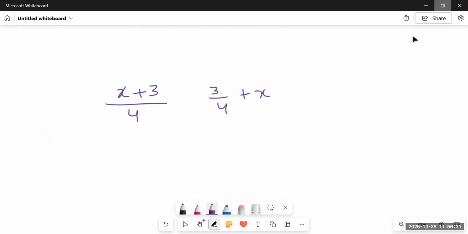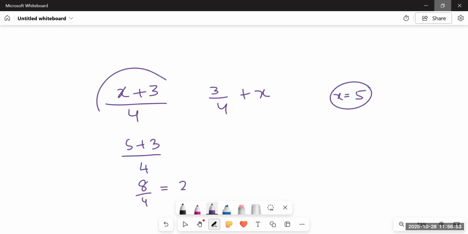Let's take x equals 5. If we substitute it over here, it becomes 5 plus 3 over 4. And 5 plus 3 is equal to 8. 8 over 4 is equal to 2. So here the value of x plus 3 over 4 is equal to 2.